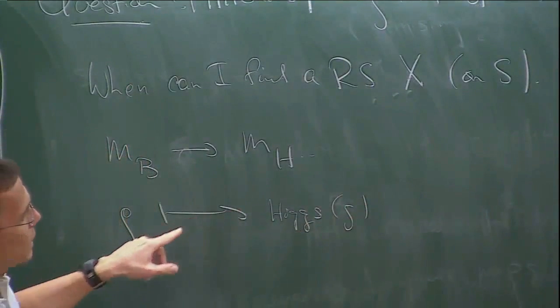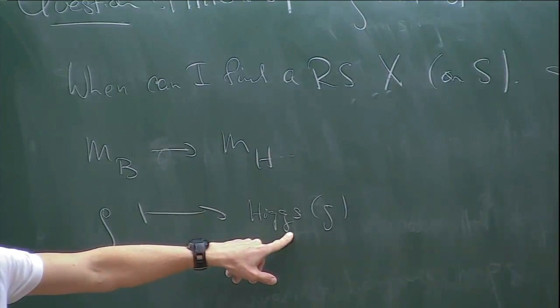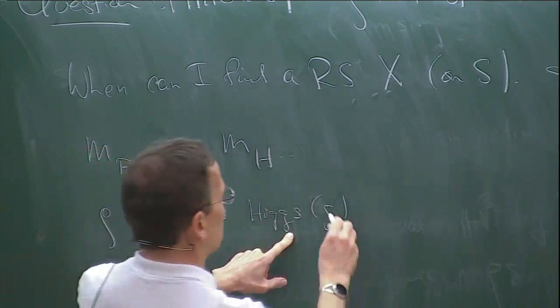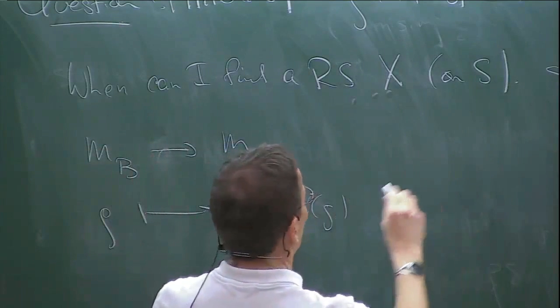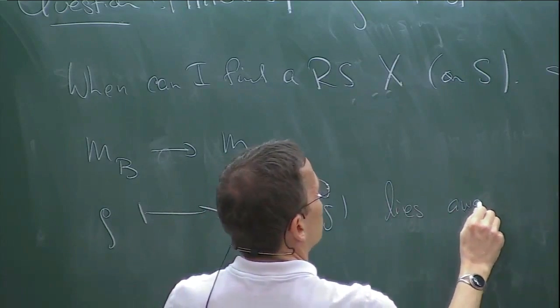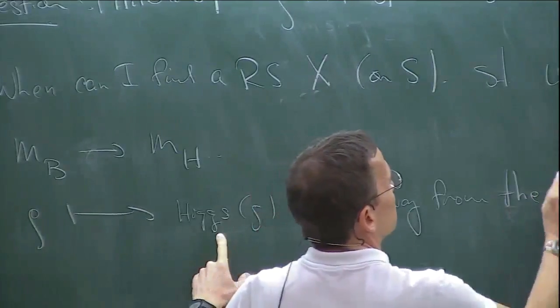When can I find a Riemann surface such that this lands in a fiber that lies away from the degeneracy locus?